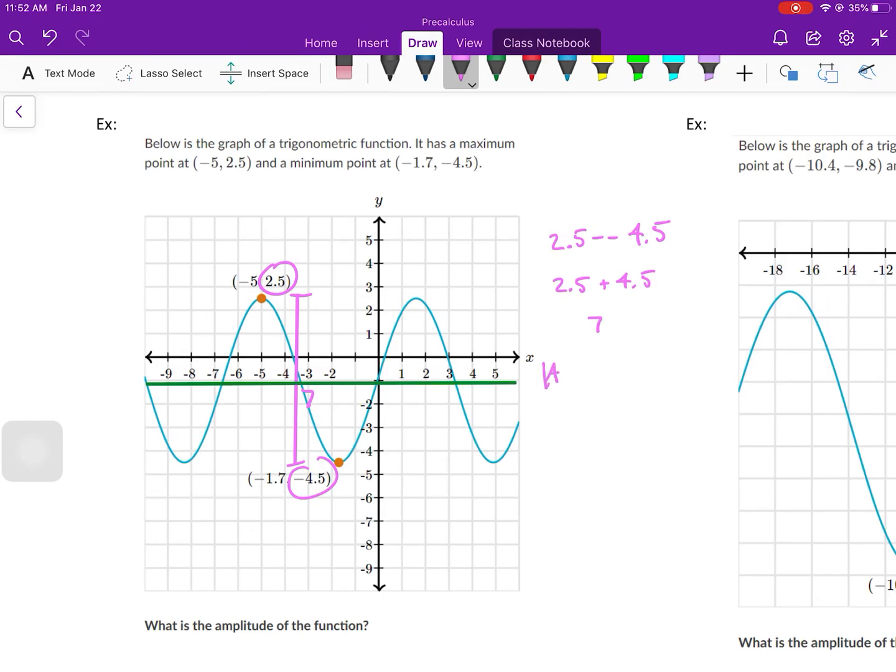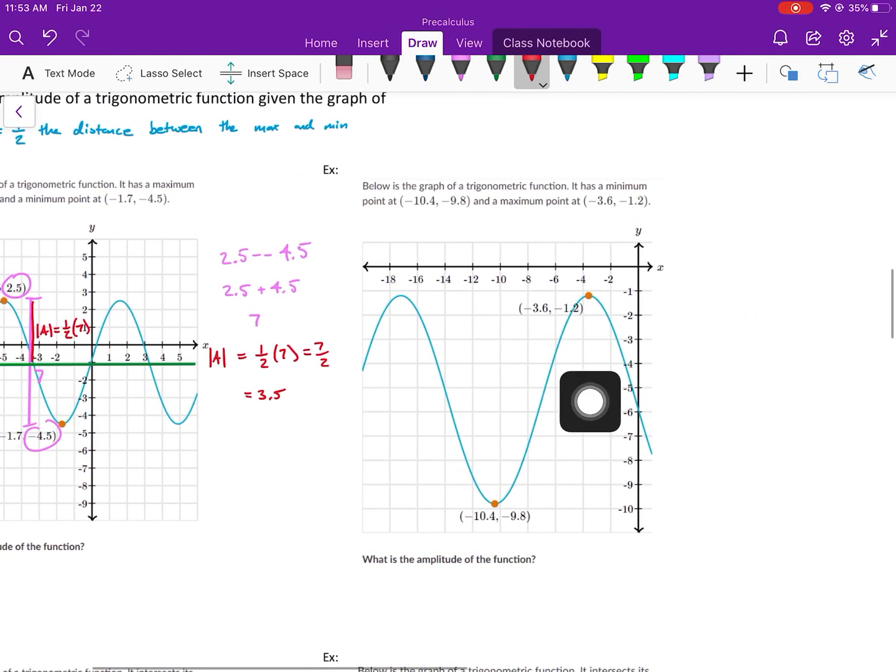So amplitude is going to equal half of 7, or 7 over 2, or 3.5. So I'll put that there. It's half of 7, right? 7 is the whole distance. So half of it will be the amplitude.